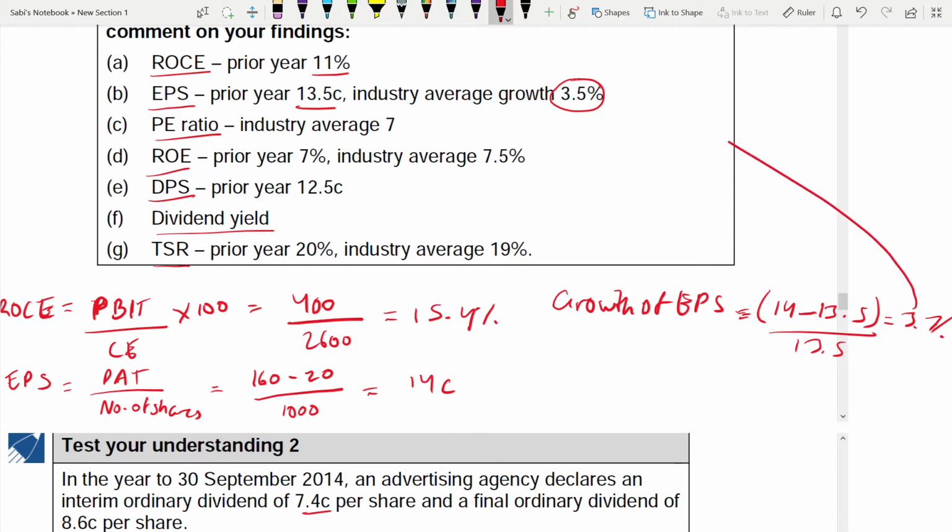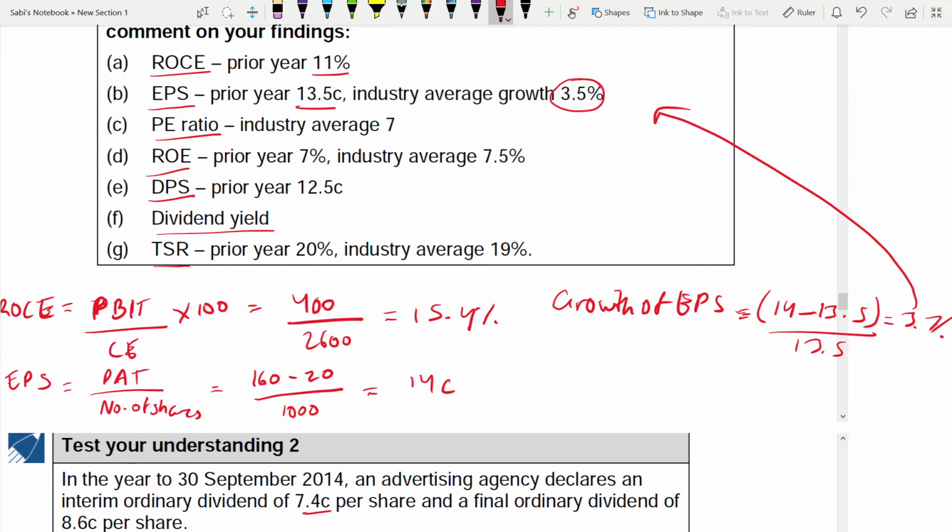This year it is 3.77% growth, before it was 3.5. So what does it mean? EPS is growing at a rate marginally above, not so much, just slightly above the industry average, which suggests an acceptable level of profitability is being achieved. Right? Acceptable profit is being achieved.